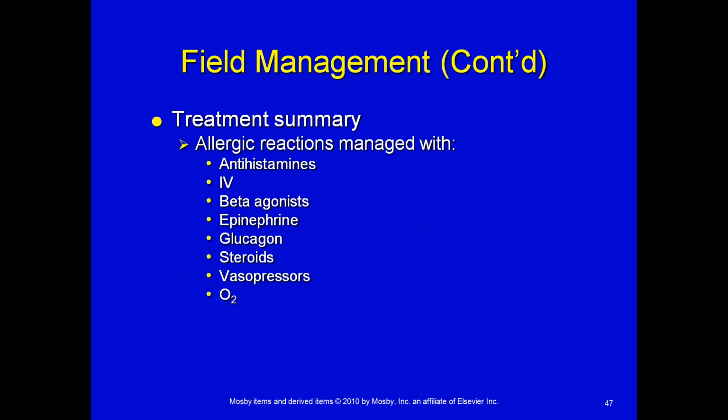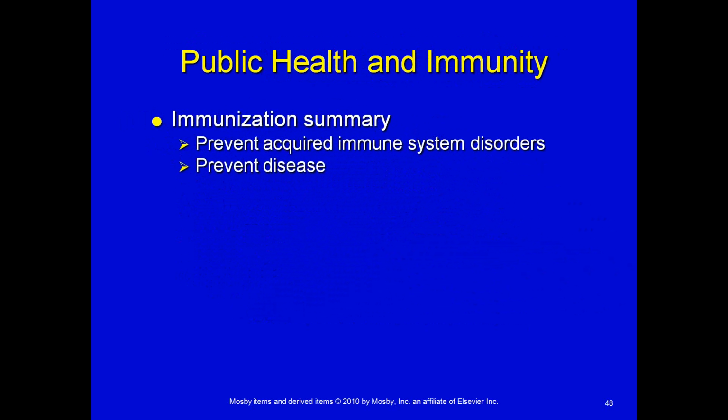Magnesium sulfate is a muscle relaxer, so it may help relax the bronchioles. Things like combining helium with your oxygen, or HELIOX, which may help the delivery of your nebulized medications as well.